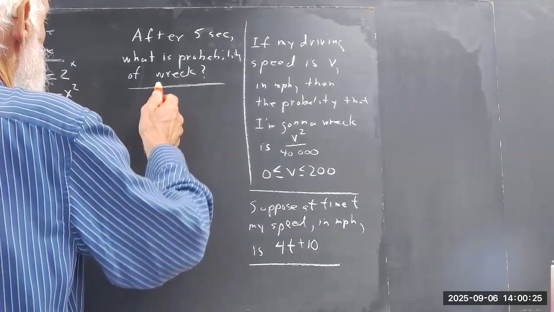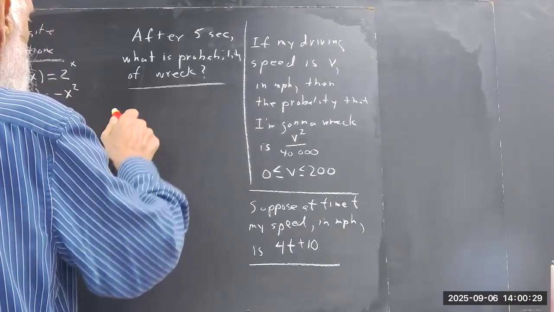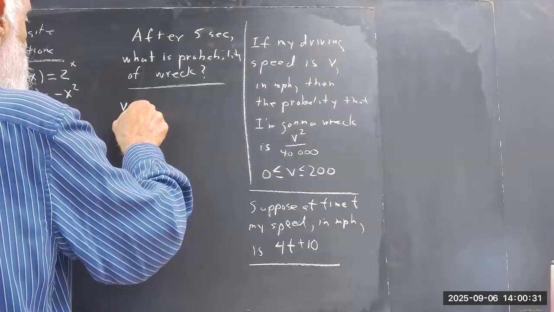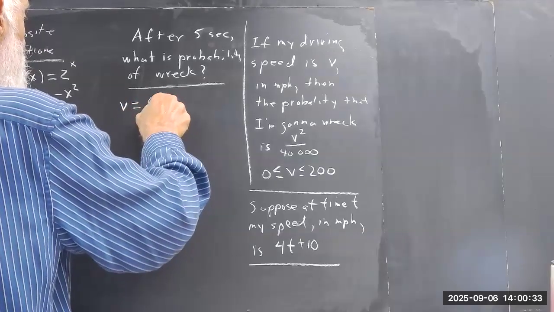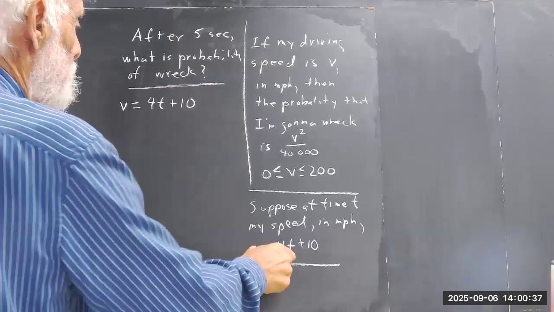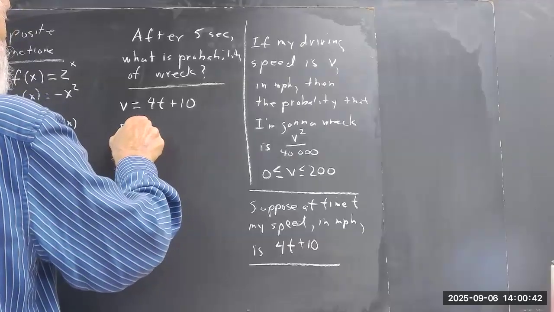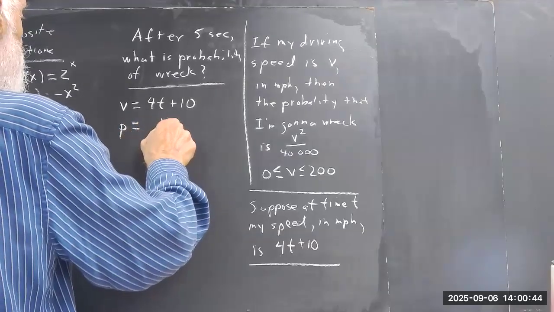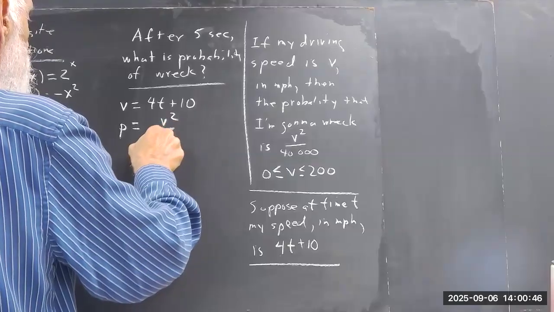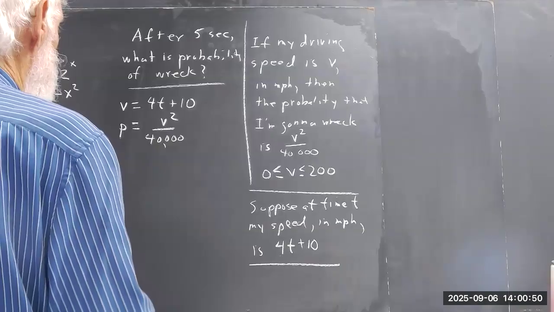Okay, so after 5 seconds, what's the probability? Well, v equals 4t plus 10, and your probability equals v squared over 40,000.